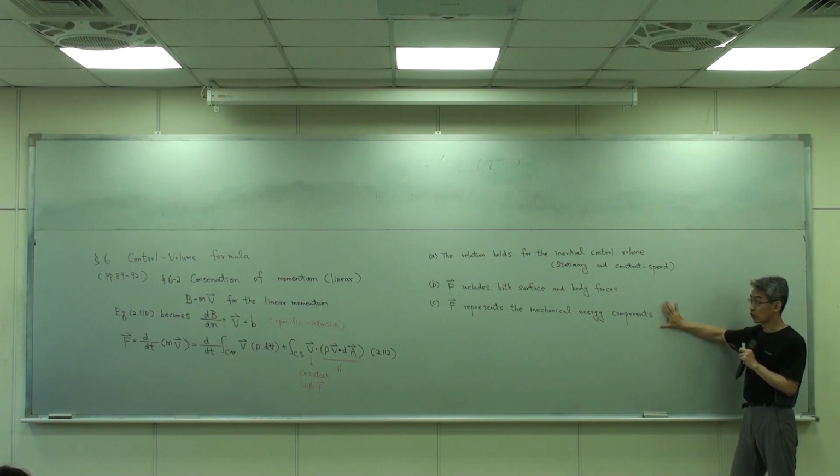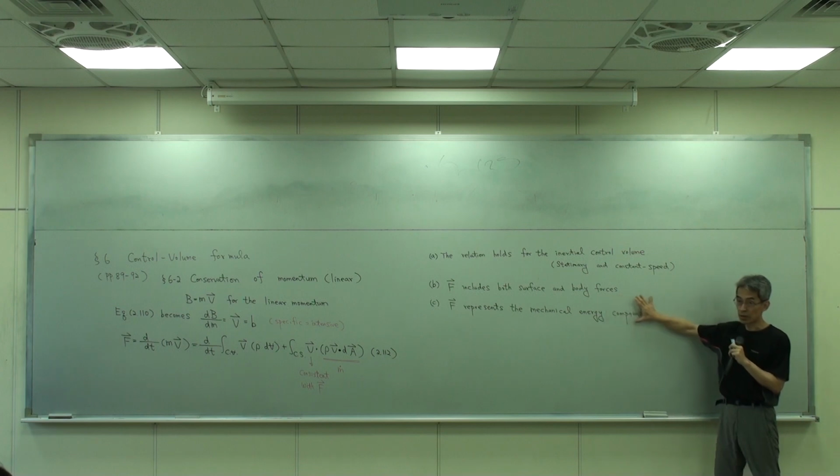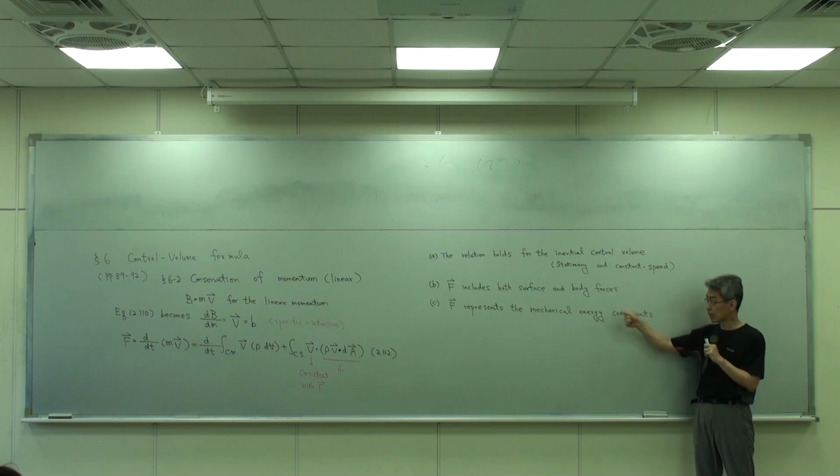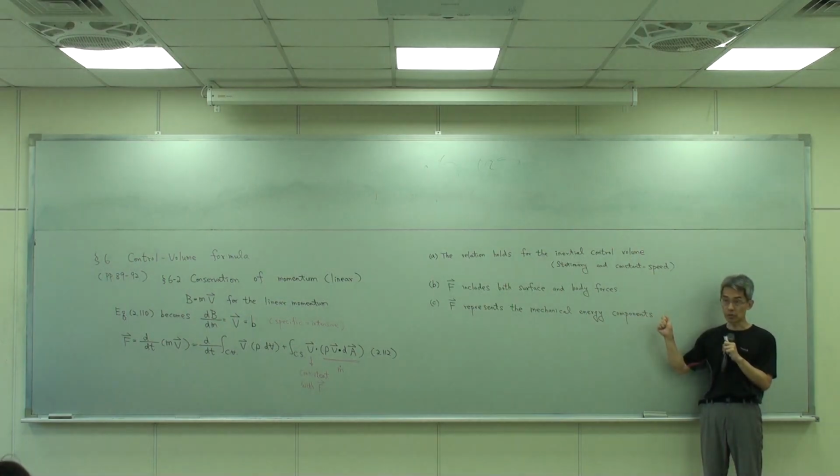Then also here we have the viscosity force for the surface force. Viscosity force reduces this useful energy. And also the body force, the gravity force. So the gravity force in the momentum equation contributes some kind of potential energy in the energy equation. So from the momentum equation, you can see the mechanical energy component contribution.